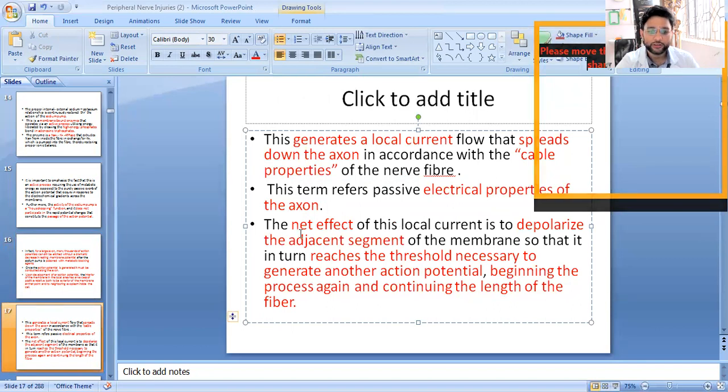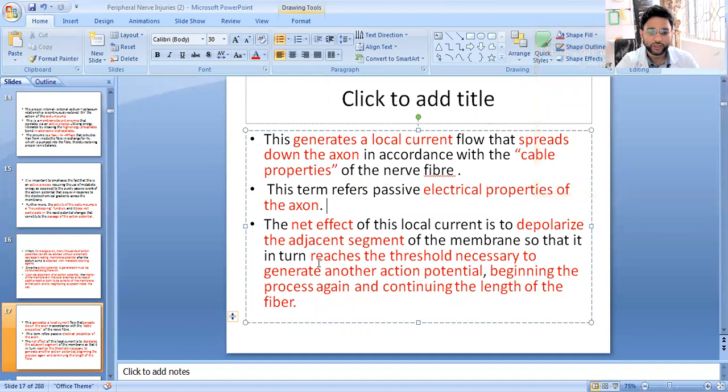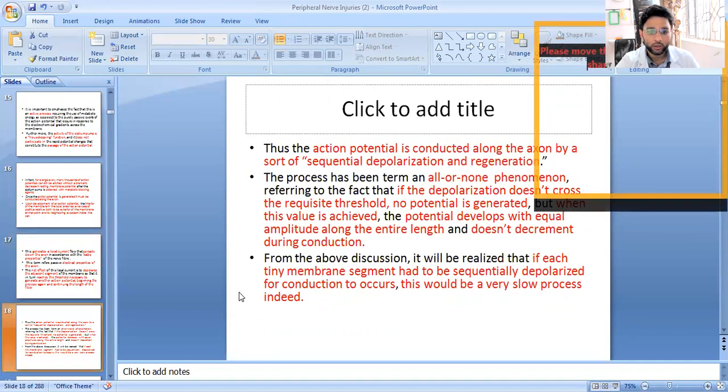The net effect of this local current is to depolarize the adjacent segment of the membrane so that it in turn reaches the threshold necessary to generate another action potential, beginning the process again and continuing to the length of the fiber. Thus, the action potential is conducted along the axon by a sort of sequential depolarization and regeneration.